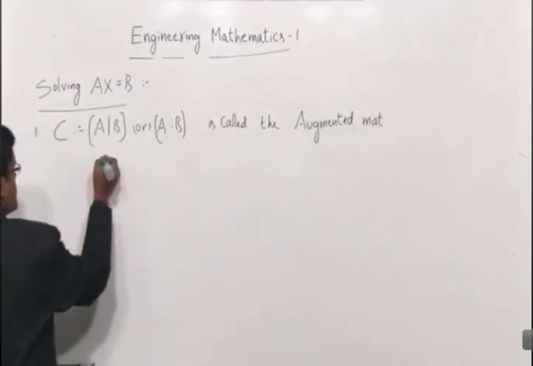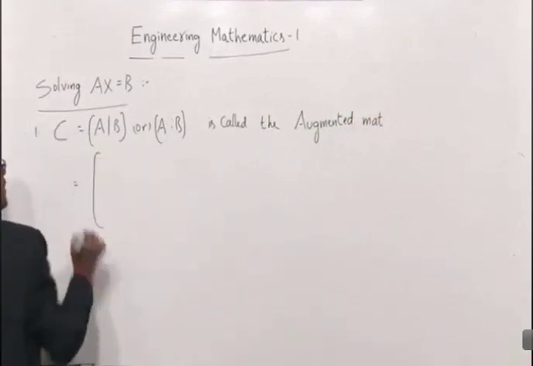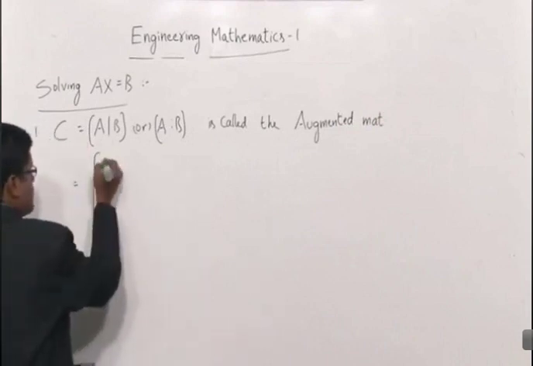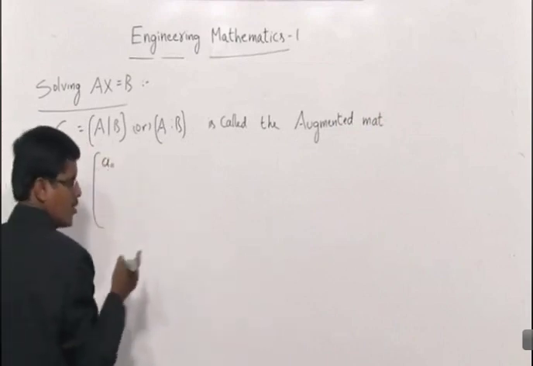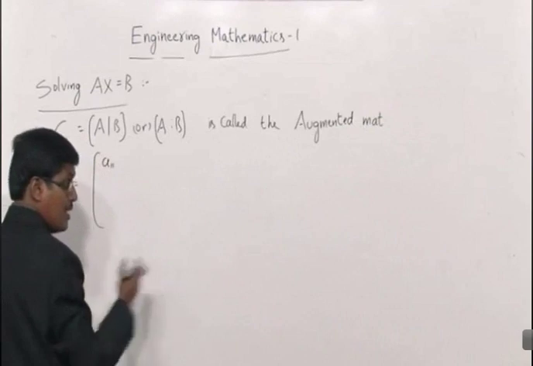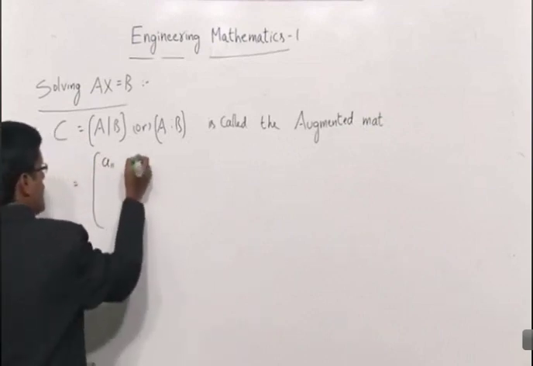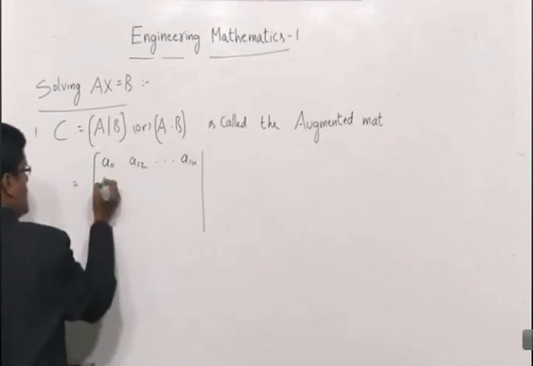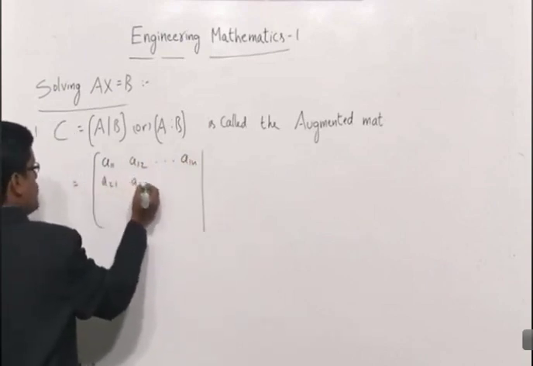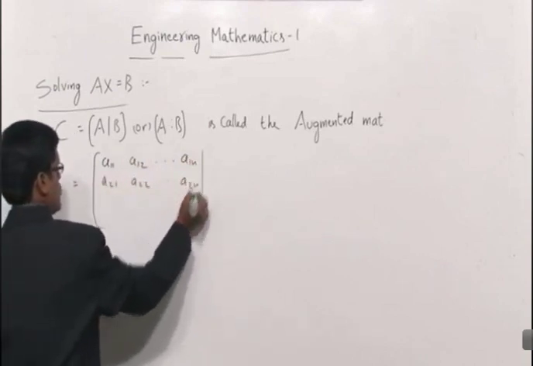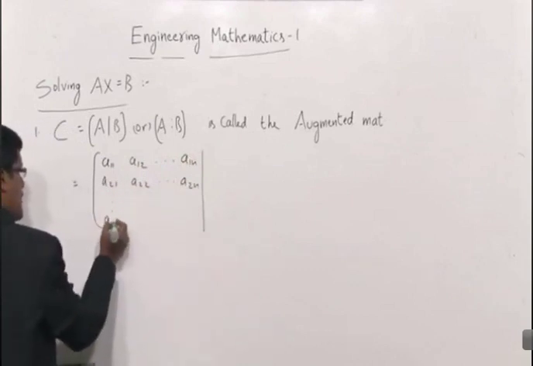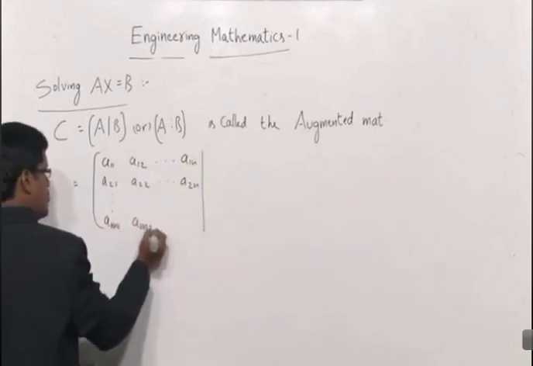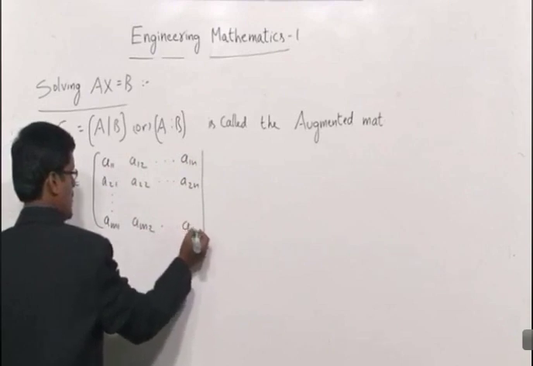Generally this is in the form of: A is an m cross n matrix, that is, m equations, n columns, m equations, n unknowns: a11, a12, and so on, a1n, slash, a21, a22, and so on, a2n, and so on, am1, am2, amn.